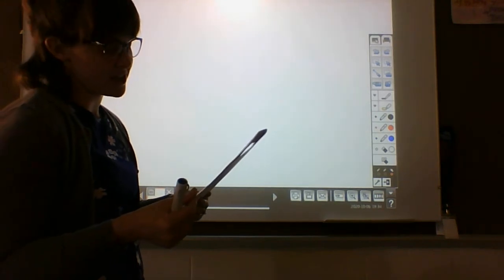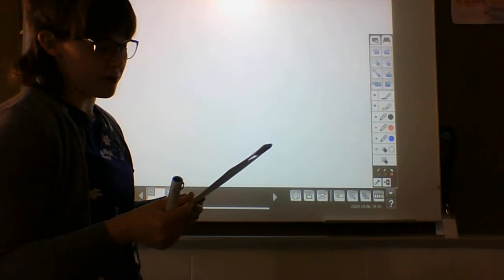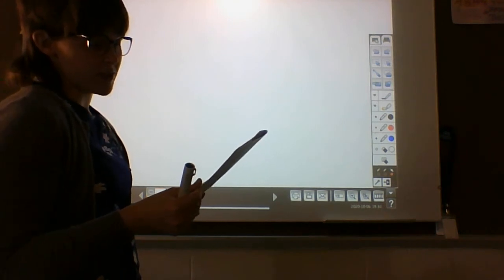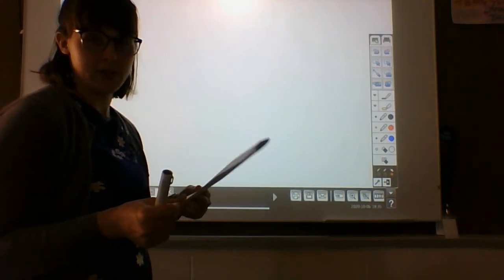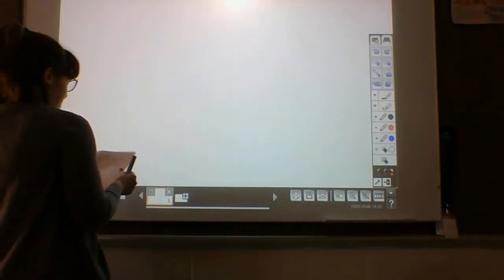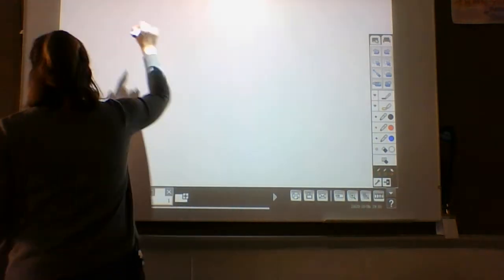To find these values of x, we will take the bottom of each fraction and set it equal to 0. Solving for x will tell us at what point or points vertical asymptotes occur. Okay, so we're going to look at the bottom of each fraction, set it equal to 0, and solve for x.